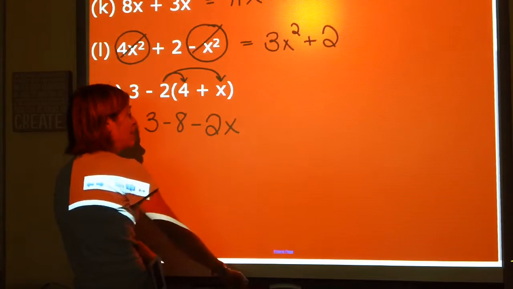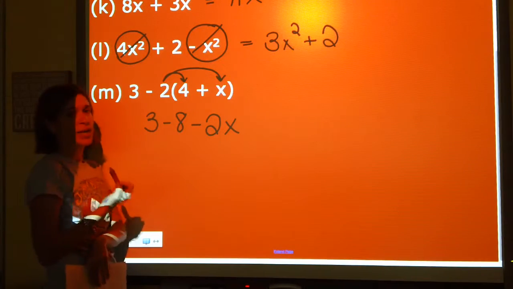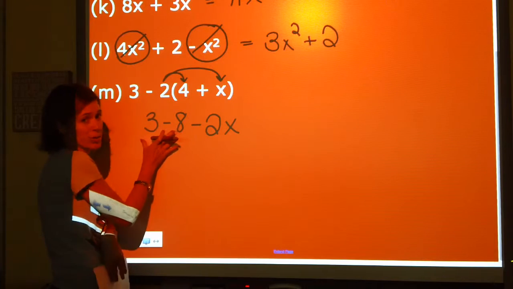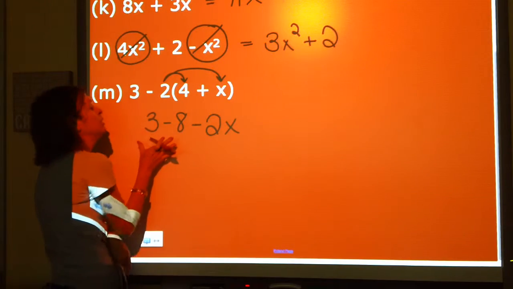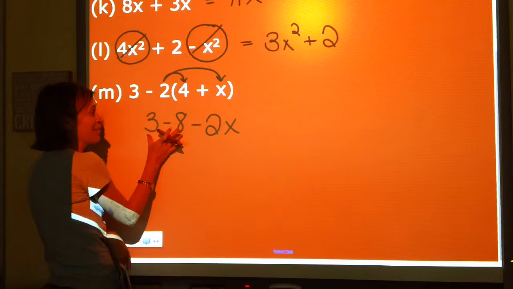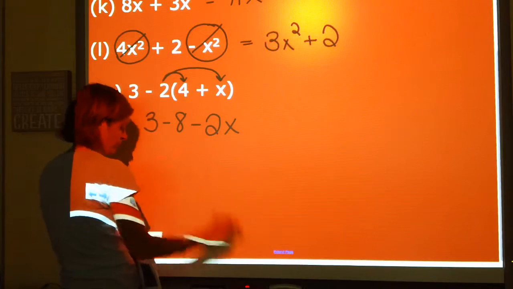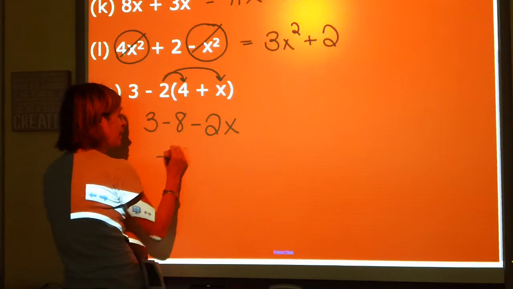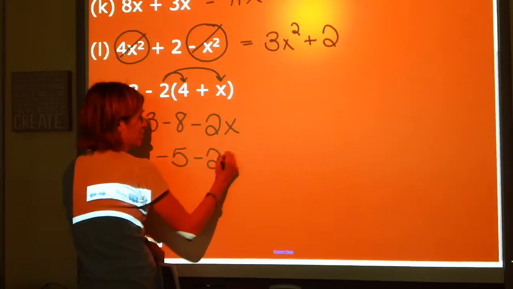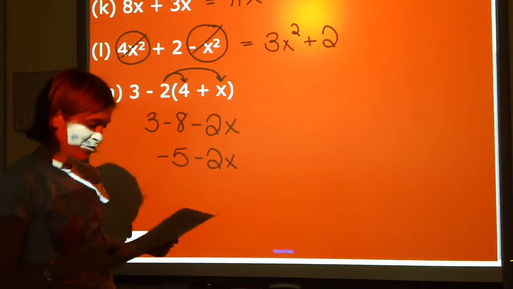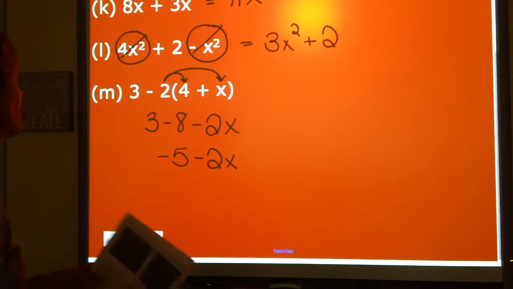Combine the like terms. You have to realize that numbers without variables are like terms. So 3 minus 8 is going to give me negative 5, negative 5 minus 2x.